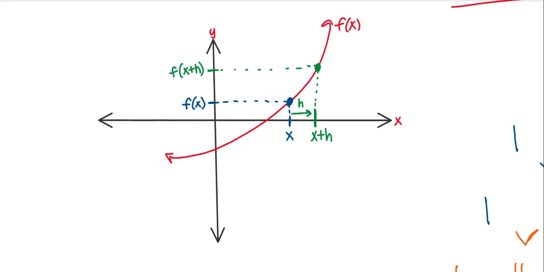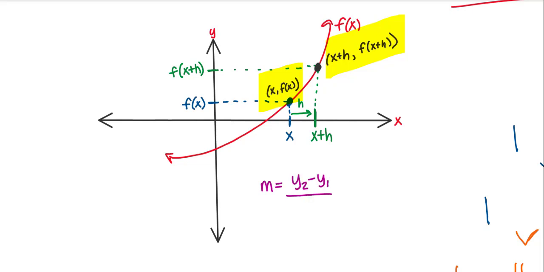And I could write these out as points on the actual curve right here. This one was x plus h, comma, f of x plus h, and the first one was x, comma, f of x. Okay, so using just these 2 points, let's find the slope between these two. So we should remember that slope was rise over run, or change in y over change in x, which sometimes is written like so.